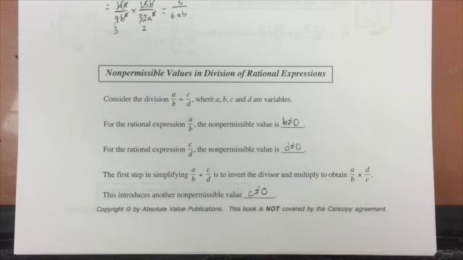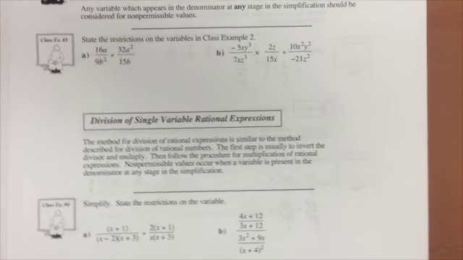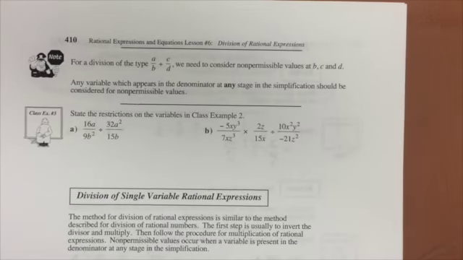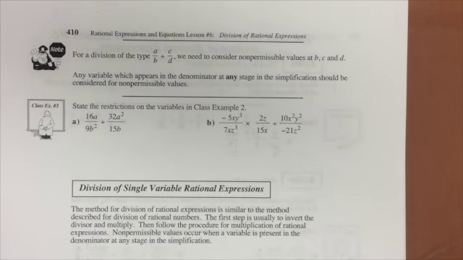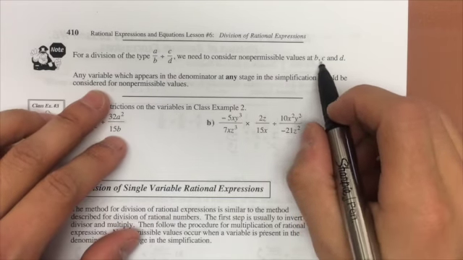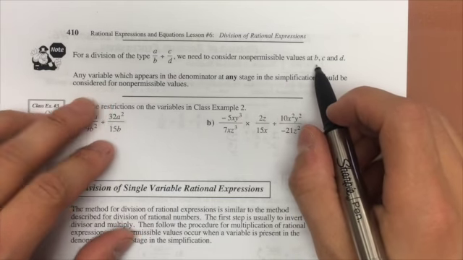And so in the above question, if we look at the next page over here, for a division of the type a over b divided by c over d, we had to consider all 3 of those values as non-permissible values.